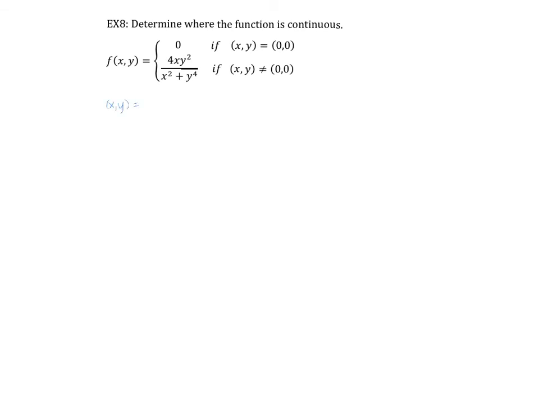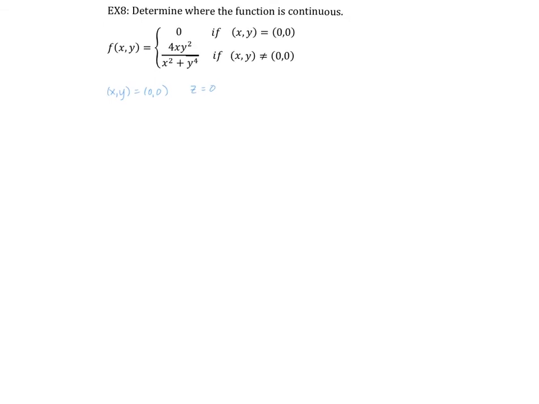So if we're looking at points equal to 0, 0, then that means we're looking at z equal to 0. Well, z equal to 0 is a constant function. And in fact, it's a polynomial. It's a constant polynomial. Polynomials are continuous for all values.